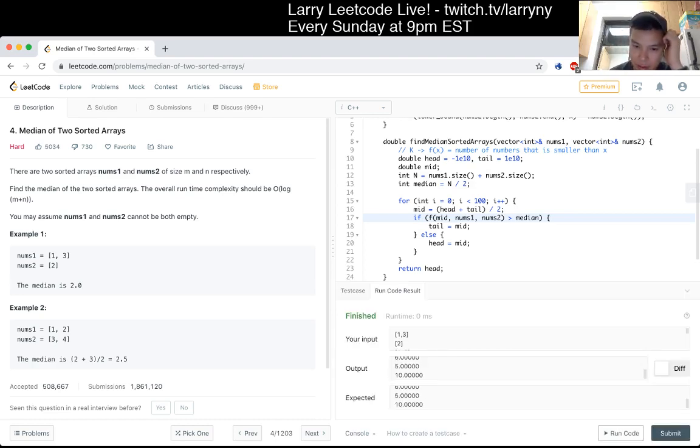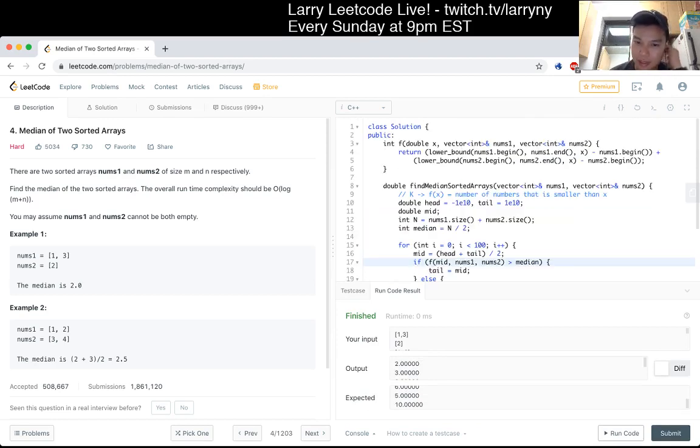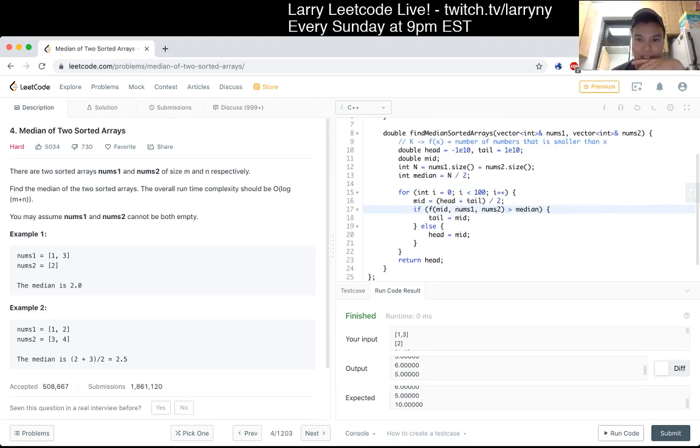Okay. The top question: how do I want to handle the even case? Because this skews the other way. It makes sense because it wants the number that is strictly higher than the median, which in this case is 4, so 2.